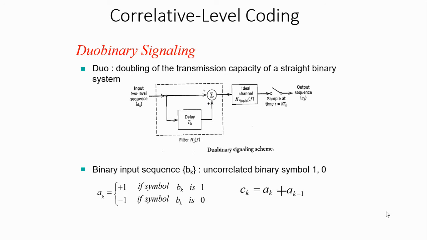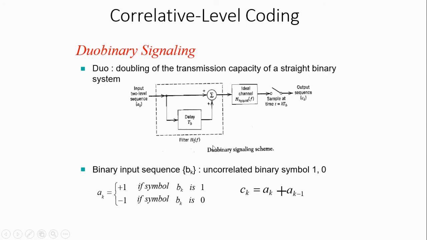In this duobinary signaling, duo implies doubling of the transmission capacity of the straight binary system. The input signal level Ak is given into the summer, and the one-unit delayed value, that means the previous value, is also given into the summer.